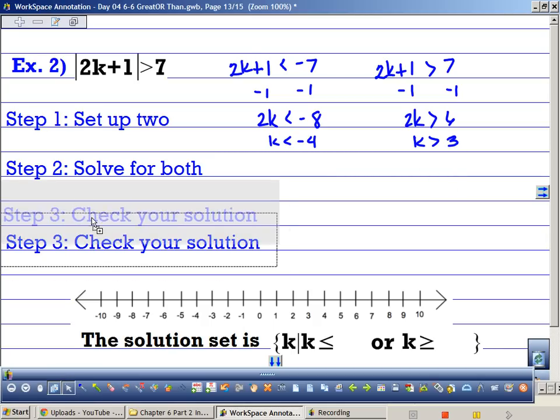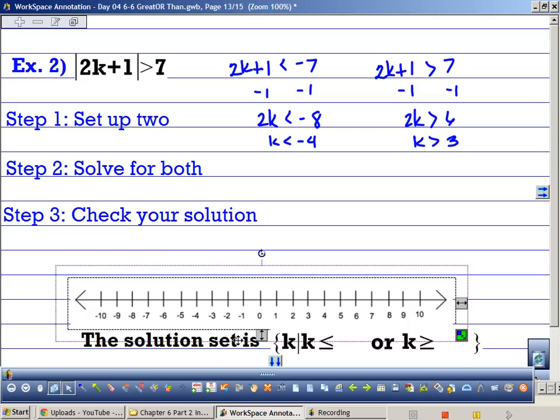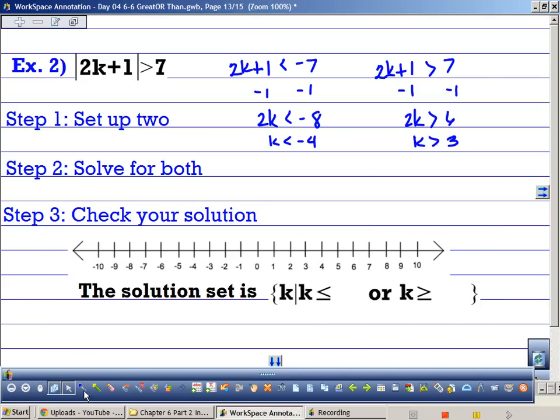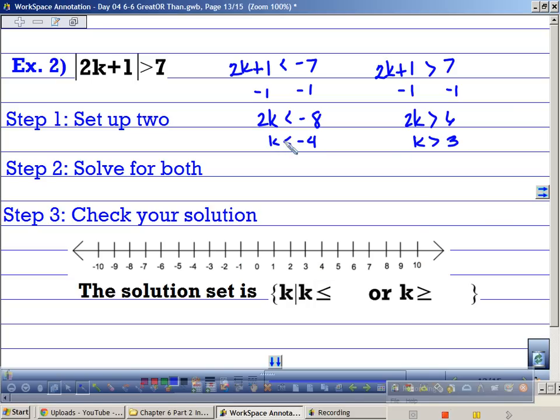No room on this one. All right, so let's move these up. So I've got k is less than -4. Here's -4. Less than, not equal to, just less than, would mean everything on the number line below -4, and k being greater than 3 would be everything on the number line above 3.